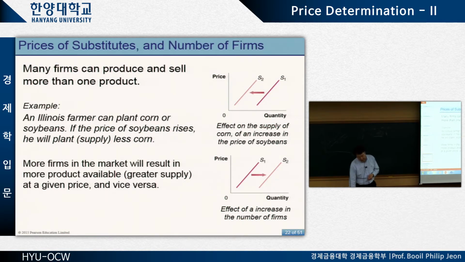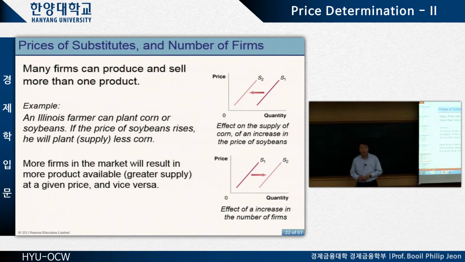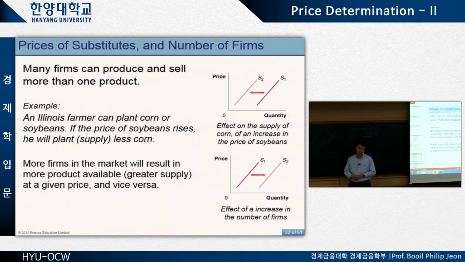Yeah. All right. Prices of substitutes and number of firms. Okay. Well, when we were discussing demand, we talked about the substitutes and complement relationship, right? And at that time, we used the example of what?